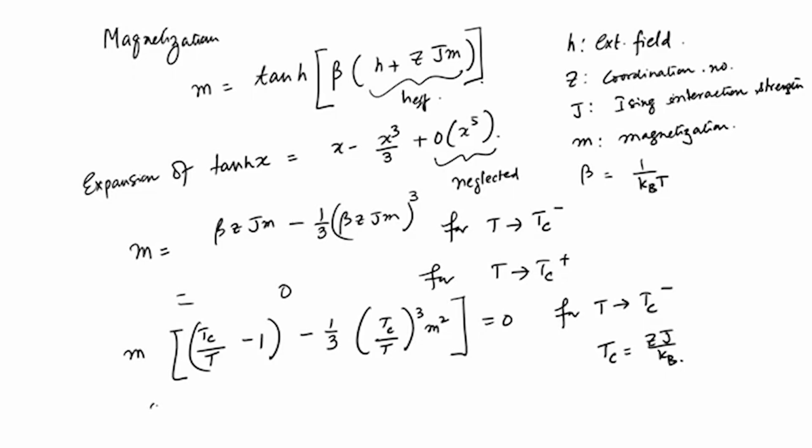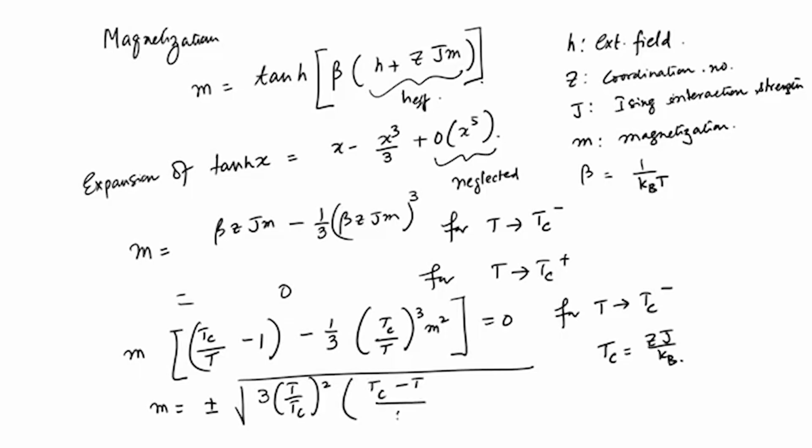So, if you solve this, then m becomes equal to plus minus root over 3 times T over Tc square and Tc minus T divided by Tc, and this is a form for m that is close to Tc approaching it from below. And if you introduce a reduced temperature, so this is called a reduced temperature.